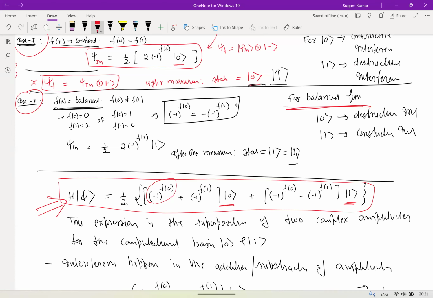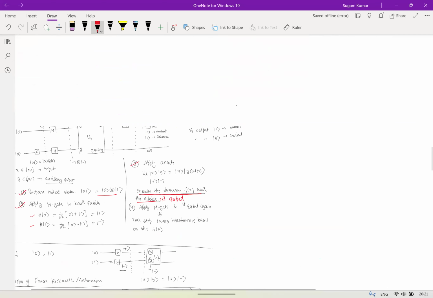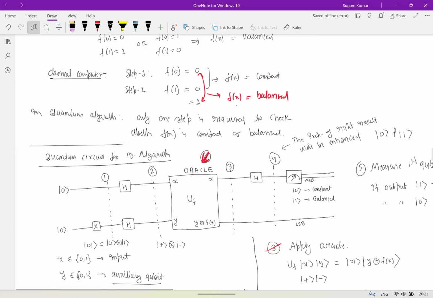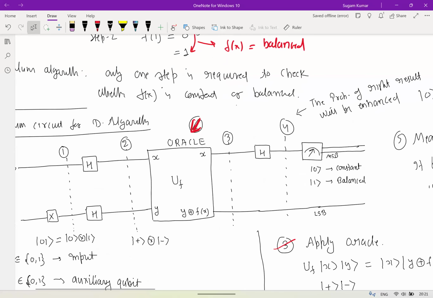I hope I am able to convey this message, how in quantum mechanics, quantum parallelism works. If I come back to this, the quantum parallelism is happening here also, but here it is just producing the superposition of the input bits.